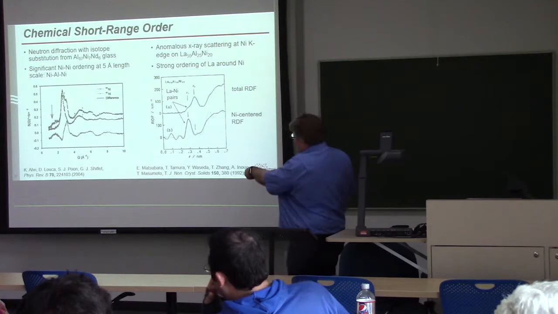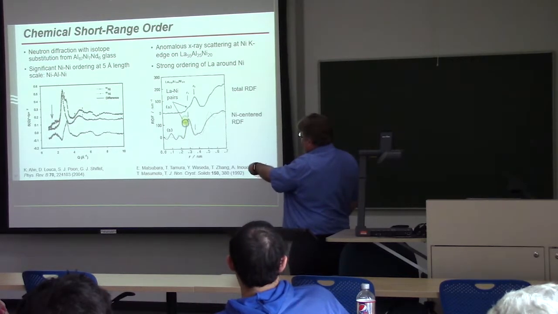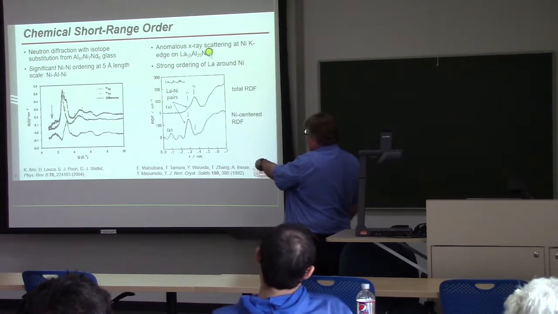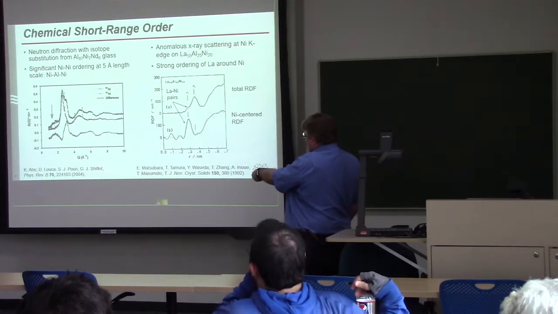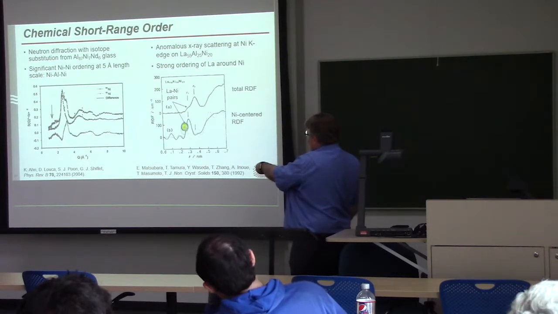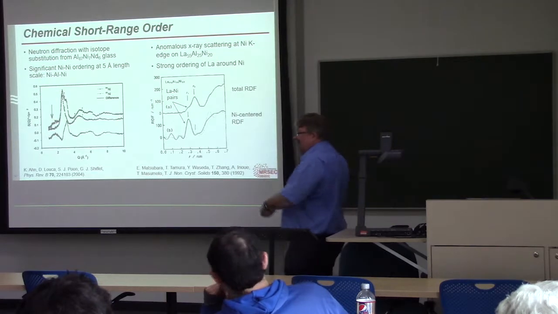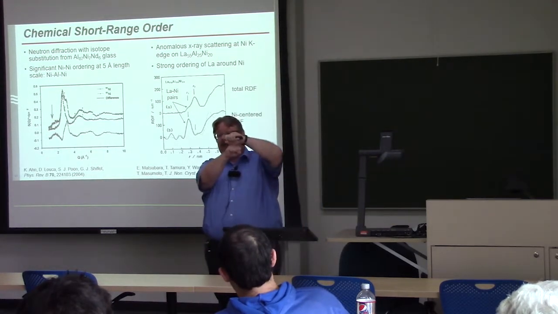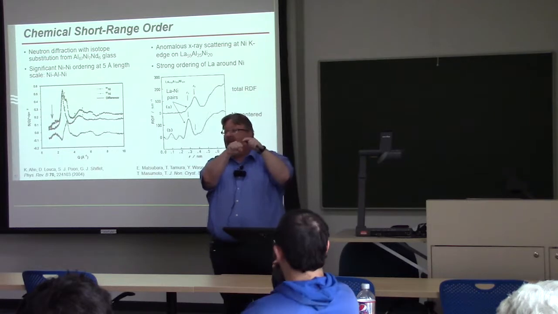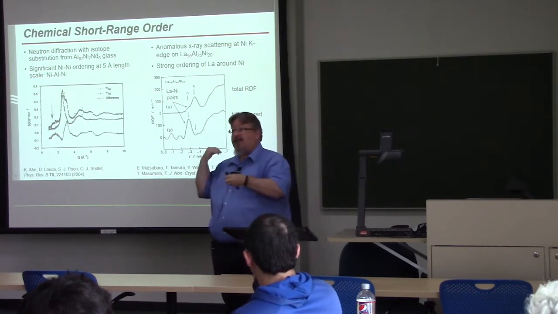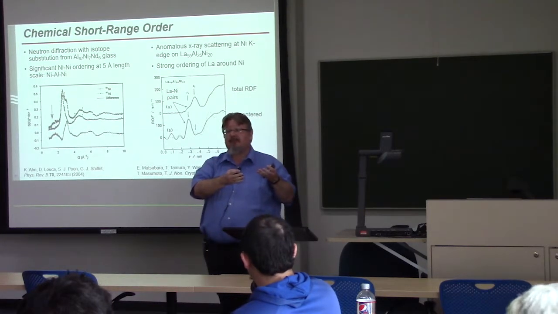And that shows a large enhancement in this first peak and a reduction in the second peak. And by looking at the size of these different elements, the authors here conclude that this large peak means that there is strong ordering of lanthanum around nickel. So there's an excess of lanthanum in the first coordination shell of the nickel atoms compared to what you would expect just from the composition and a dense random packed arrangement.